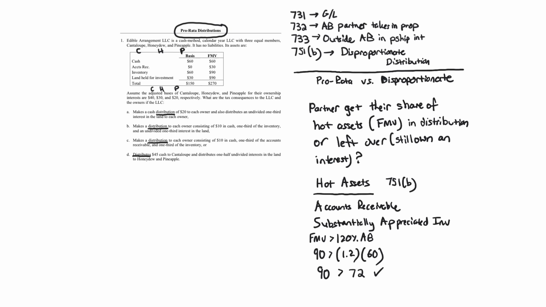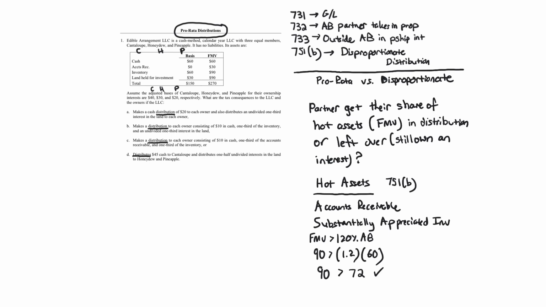And the issue is, you look at before and after. If a partner is leaving the partnership and they were to leave this partnership without receiving any of the hot assets, ordinary income assets, that would be disproportionate. Okay? And the reason why is because hot assets are going to create ordinary income or ordinary loss later on.